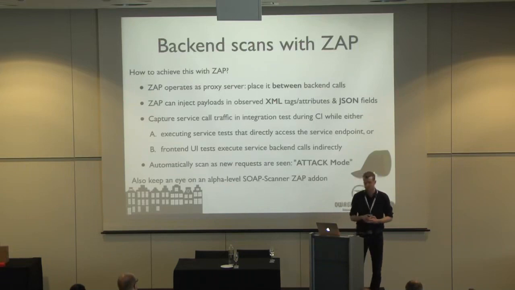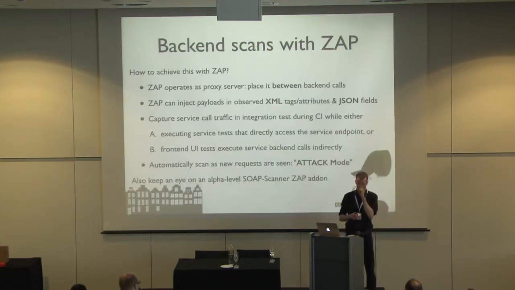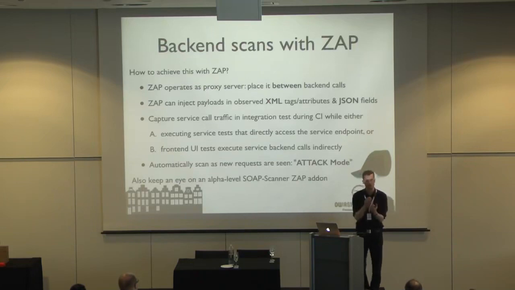So ZAP can inject payloads into observed XML tags or attributes. Also, it can do the same with JSON, so it's aware of the syntax structure for that kind of request. So then all you need is something that drives traffic so that you can capture in the proxy certain kinds of requests that you would then scan actively.